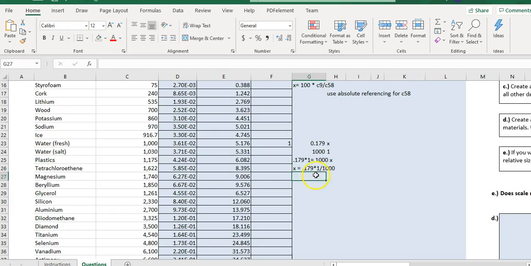And then when I do my cell referencing, 0.179 is going to be C9. And then the 1,000 is going to be C23.